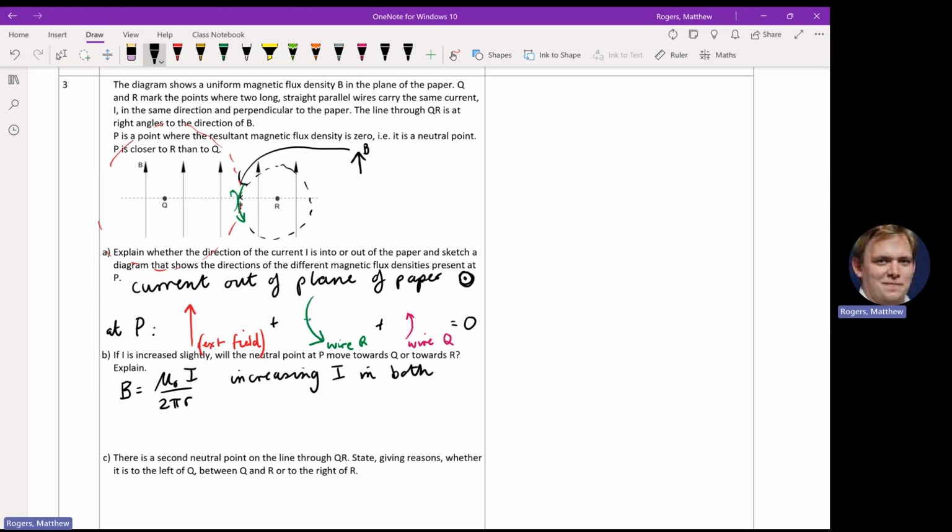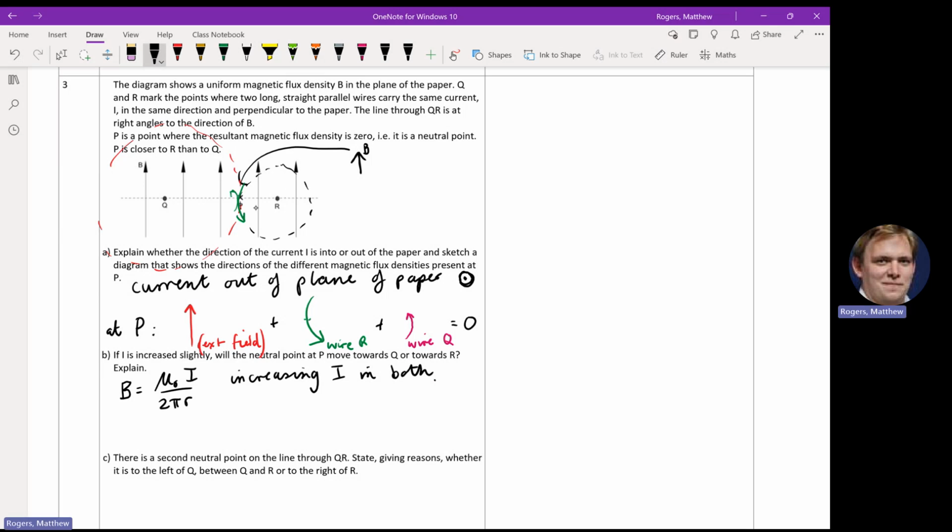Okay, so if we doubled the size of the current, we double the magnetic field strength of each. But doubling the magnetic field strength of each would mean that we had a bigger difference between the two of them. So the difference now would be too big when they're this far apart. So perhaps the easiest thing to say is, if these two had incredibly strong fields, much stronger than the Earth's magnetic field, then the neutral point would be in the middle.